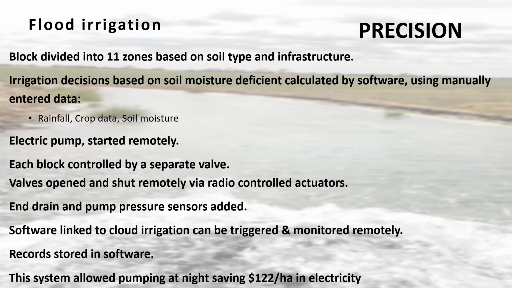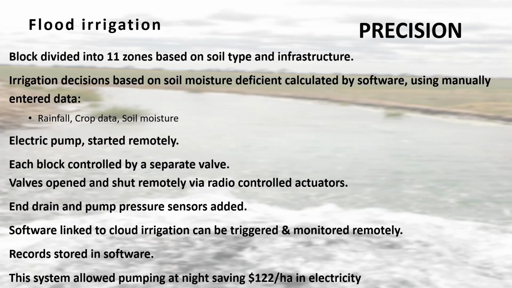radio-controlled valves. The decision to irrigate was now based on a calculation of the soil moisture deficit, but this calculation required the irrigator to input actual rainfall data, soil moisture readings and information about the crop into an irrigation calculator.